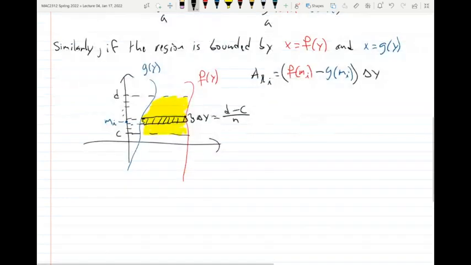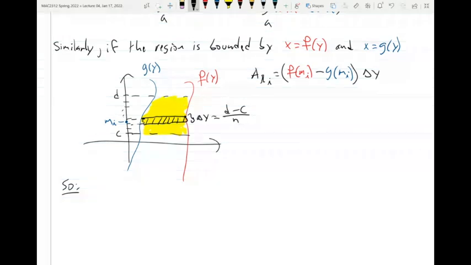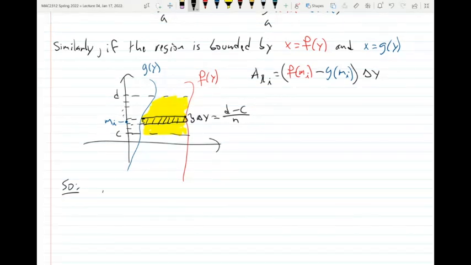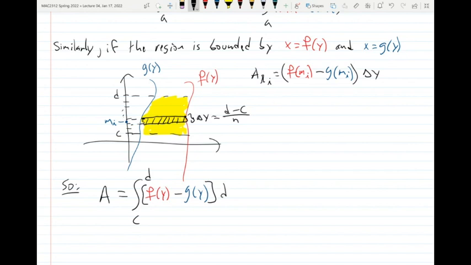Okay? And then in a similar way, we approximate by adding the area of the rectangles, we take the limit, and then we end up with the fact that the area will be the integral from c to d of f of y minus g of y. But this time, because we are moving horizontally up and down, we are moving in the y direction, we are integrating with respect to y. So the variable of integration is y.